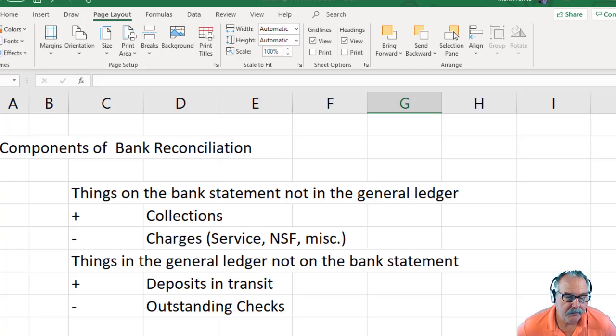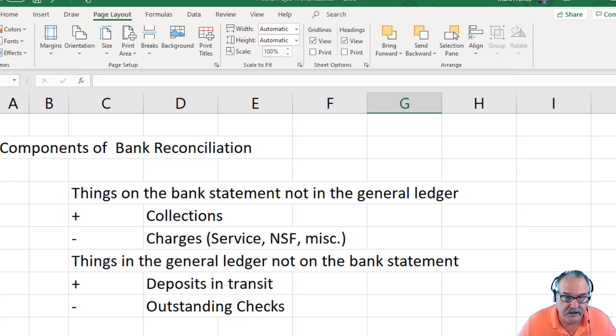So let's talk for a second about what we're trying to do with a bank reconciliation. How does this work? We have a general ledger where we have a cash account. We have a bank account with some bank, whatever it is, Wells Fargo, B of A, Chase, whatever. They keep track of everything that comes to the bank.